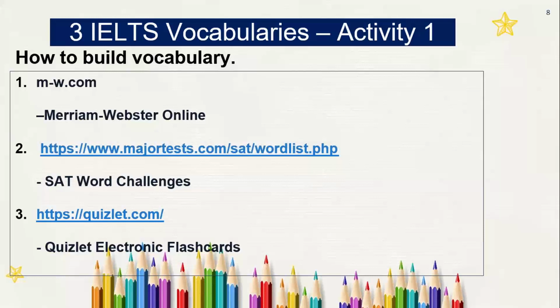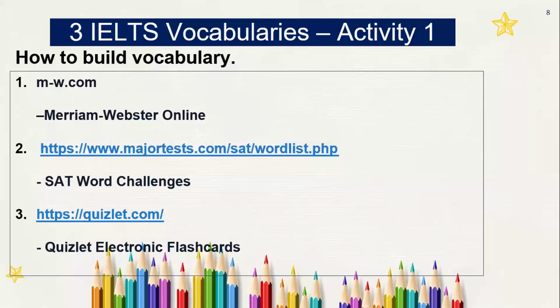So this is a good way to test yourself with some rather interesting words. Not all of them would be so common in English, but definitely for academic English, and that's what the academic IELTS is all about. So you can go there to test your vocabulary.